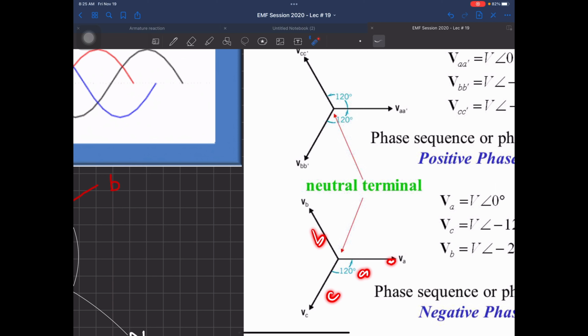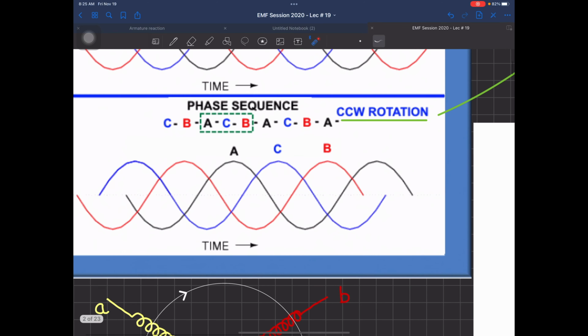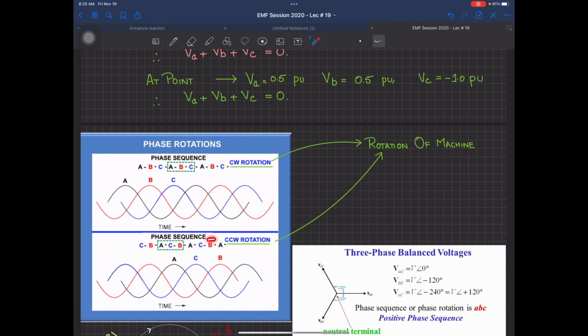There cannot be a third one. Why? Because there are three options and the maximum number of permutations can be two. This one is called the phase sequence. This will give you a clockwise rotation of your machine, and if you have the reverse of it, this will give you counterclockwise rotation of your machine.